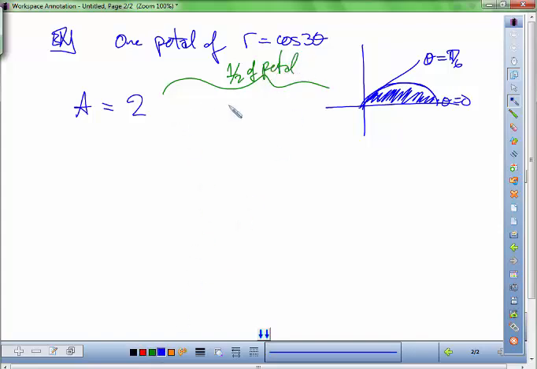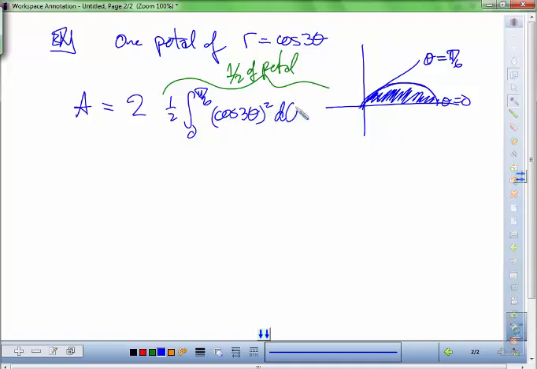And then the half petal is going to be this integral, 1/2 integral from 0 to pi over 6 of cosine 3 theta squared d theta. As far as I'm concerned, I'm done, because then you just find this from Wolfram Alpha or your calculators or whatever. I suppose I should find it.